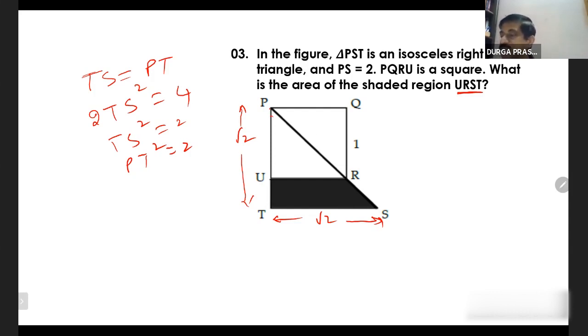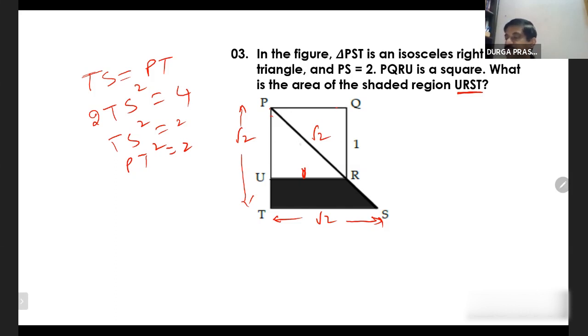So the area of the bigger triangle is 1 minus the smaller triangle area. I know the base is 1 because this is a square, so this is also 1 unit. I need to find the length of PU. This can be root 2, because in a square the diagonal is root 2 times the side.